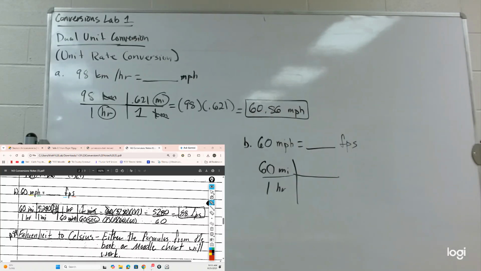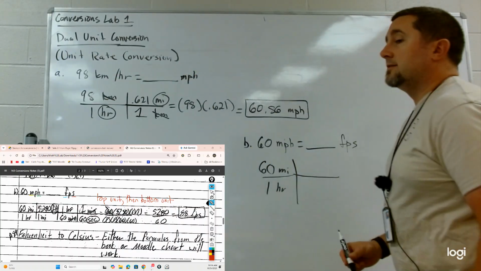The rule of thumb is you always want to take care of the top unit first, okay? So keep that in mind with this, all right? So top unit, then bottom unit, okay?